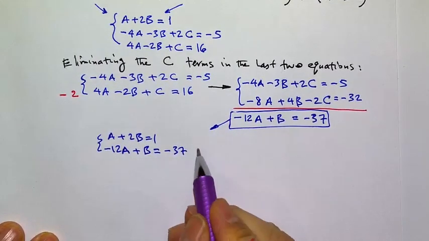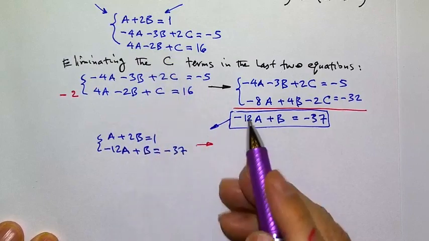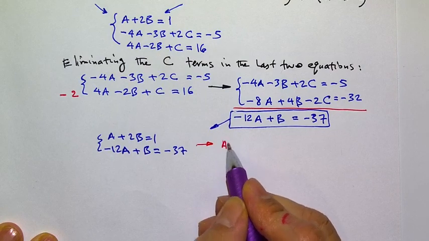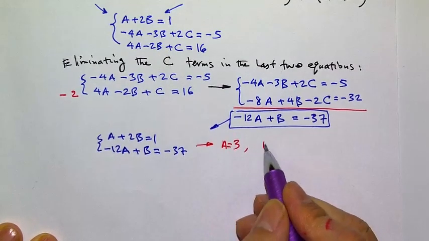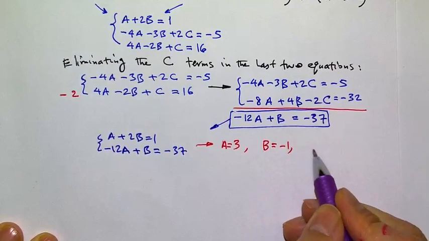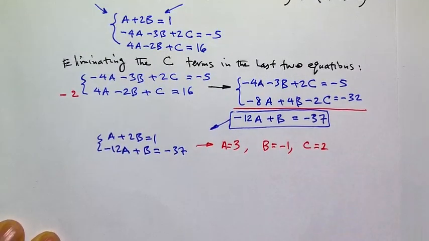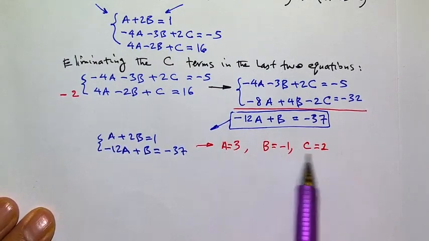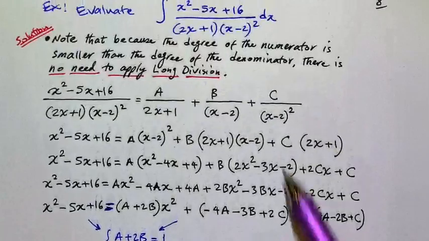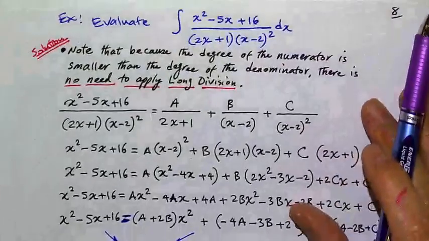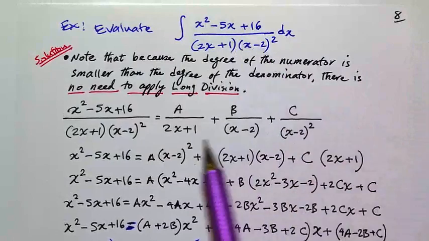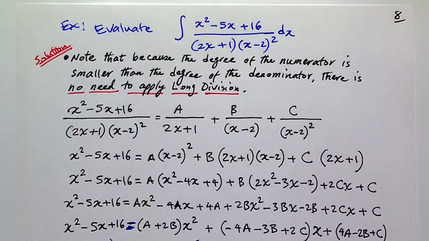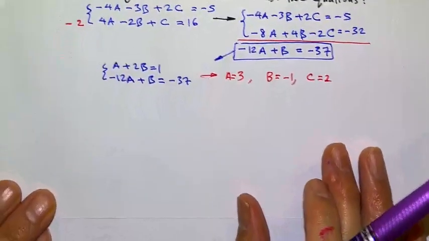Then if we solve this together with the original system, and this is the part I'm going to skip and let you verify, a should be equal to 3, b should be equal to minus 1, and c should be equal to 2. Okay? Now, with a, b, c determined as such, we can convert this integral to the integral of these three smaller fractions. Okay, so let's do that.